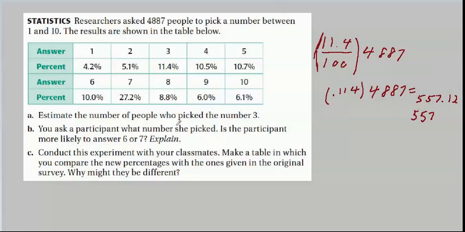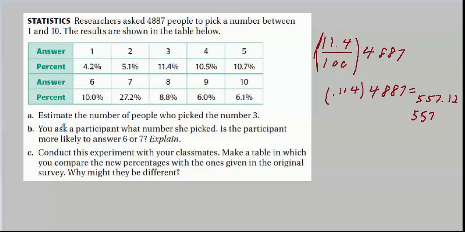Well, what about the next part? You ask a participant what number she picked. Is the participant more likely to answer 6 or 7? Well, questions like this, frequently called surveys, always assume that the person's going to tell the truth.